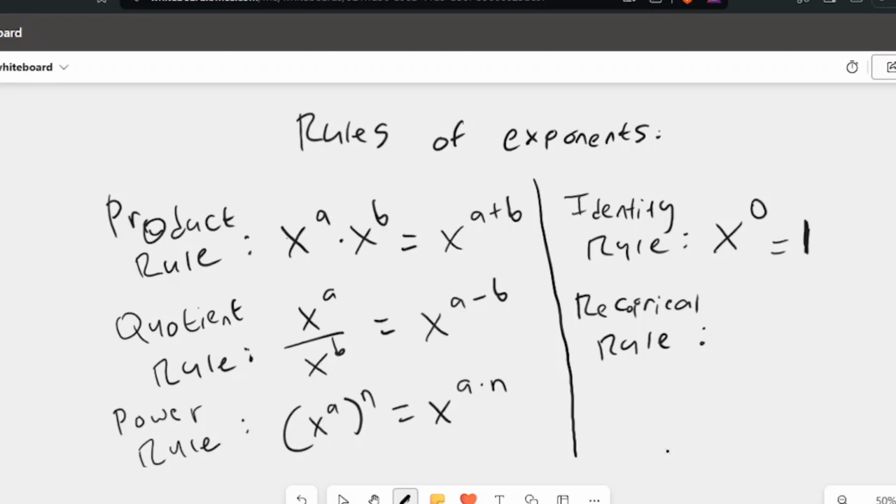The reciprocal rule essentially states if we don't have a positive power, we can have negative powers as well. So base of x to the negative of a. Again, my a's look like 9s and my 9s look like a's, so I'm going to try not to confuse people too much, but no promises.